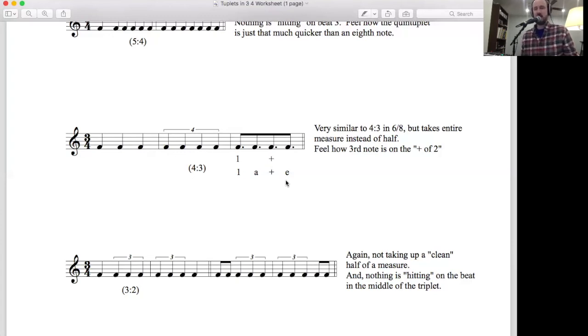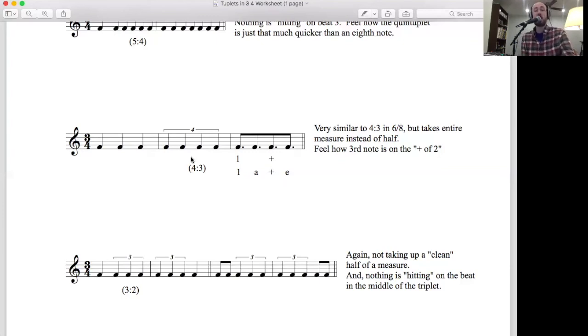So again, I'm feeling 1 and, 1 and e, 1 and e, right? And that's where it really nicely slots in. It's hard to say the syllables, but 1 e, 1 and e, right? It feels very backwards to say it that way.